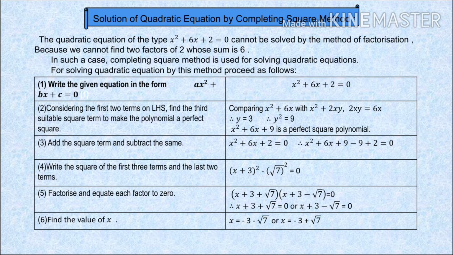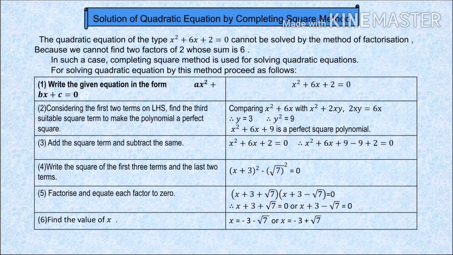Again x cancels. We can divide by 2. So after dividing by 2, we get y is equal to 3. Now square both sides. After squaring we get y square is equal to 9. Now x square plus 6x plus 9 is a perfect square polynomial.